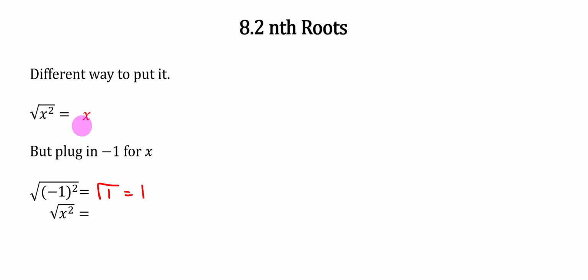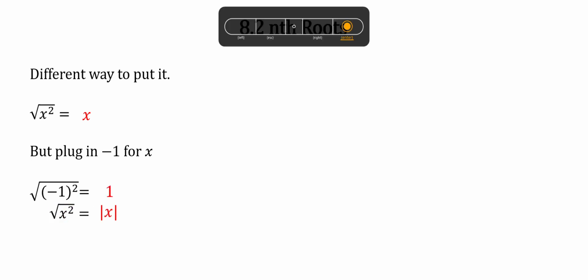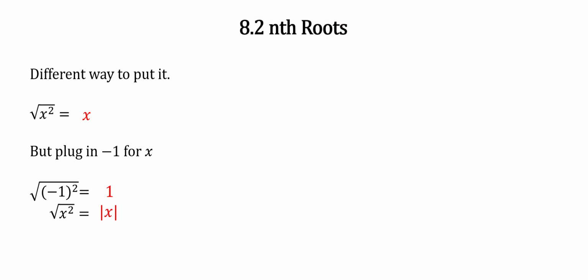If I plug in negative 1, I should get out negative 1. So what we say is the square root of x squared simplifies to the absolute value of whatever x is. Because it's got to produce a positive result. So in other words, if you did put in a negative, the output is going to be the positive version of that. So whenever you simplify radicals like this, we have a very specific rule.